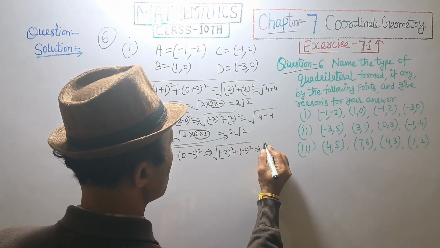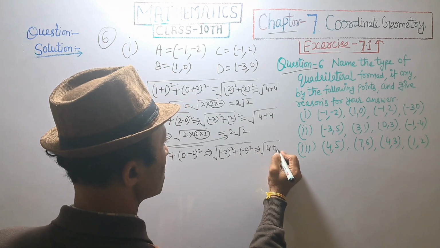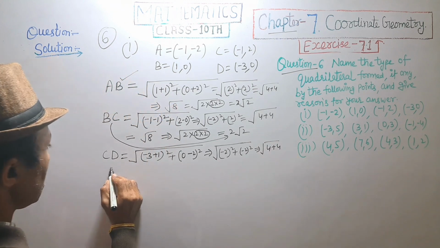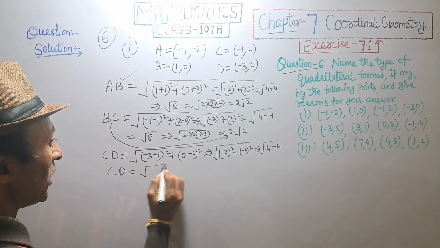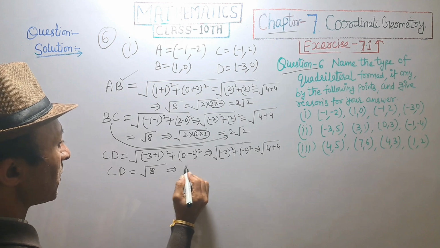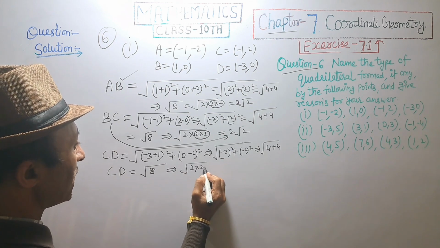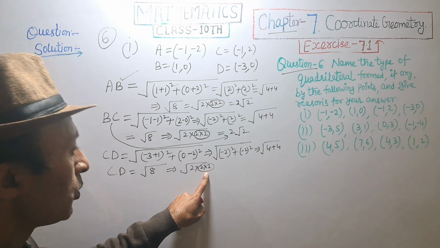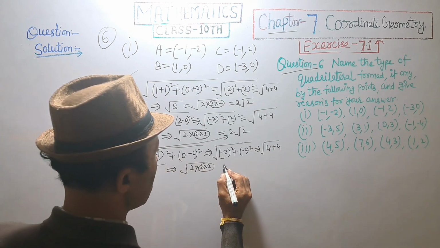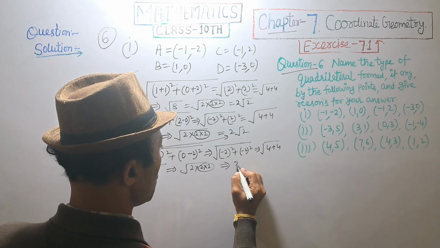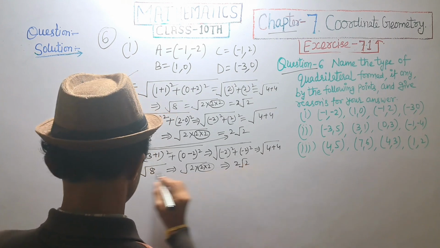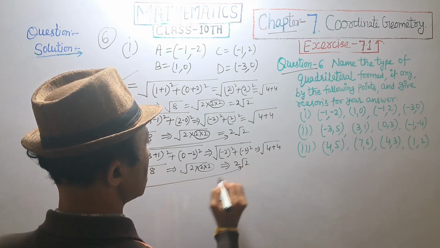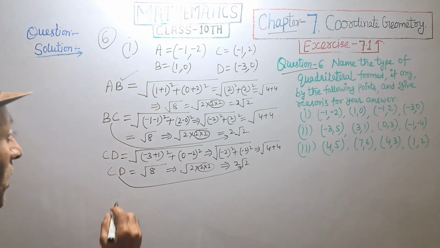This implies under root of 4 plus 4, and CD is equal to under root of 8. Under root 8 can be written as 2 into 2 into 2, and taking the pair of 2 common, we get 2 under root 2. That is, CD is equal to 2 under root 2.